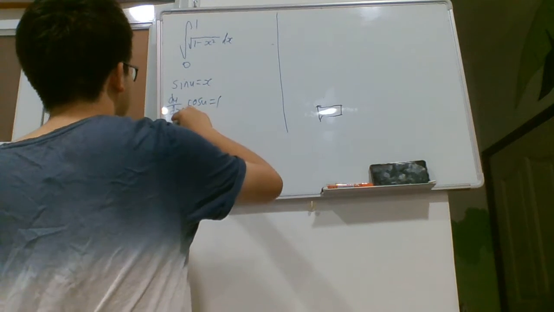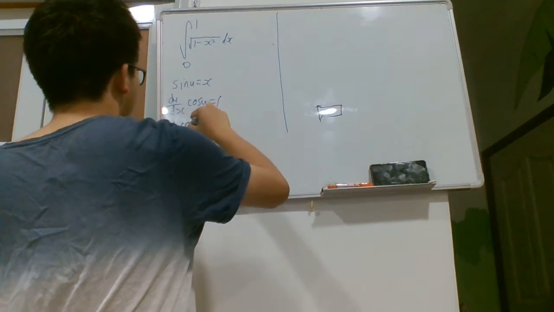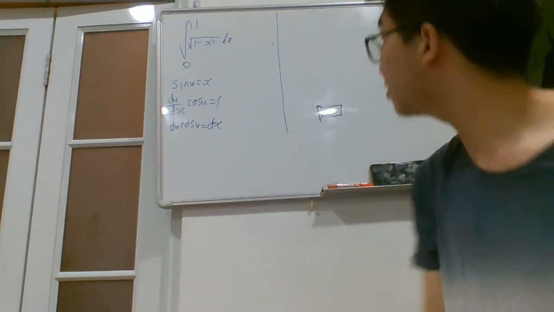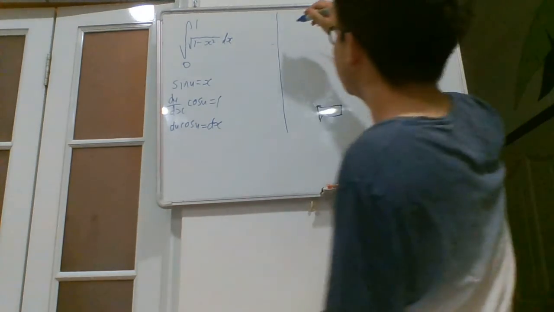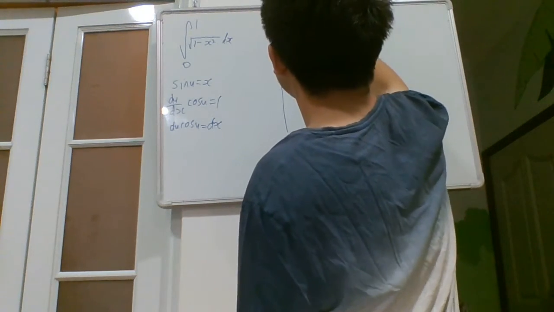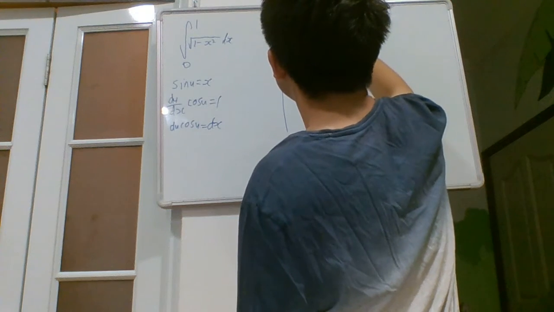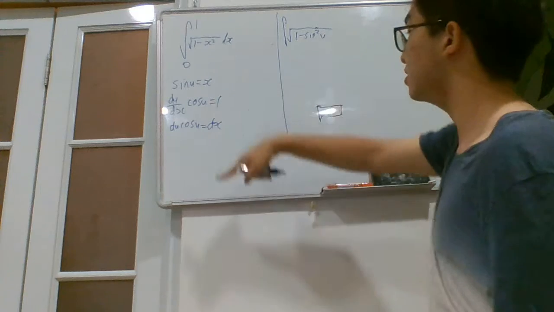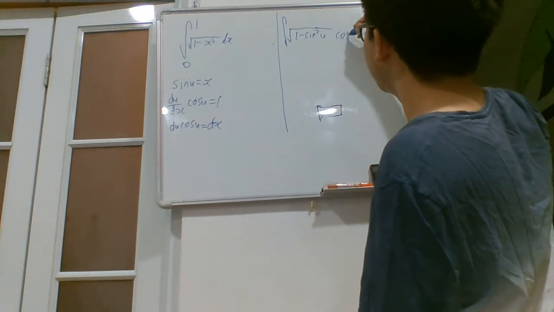And you can evaluate dx as du cos u equals dx. Substitute this into here, so you will get the integral of 1 minus sine squared u, then sub dx equals cos u du.